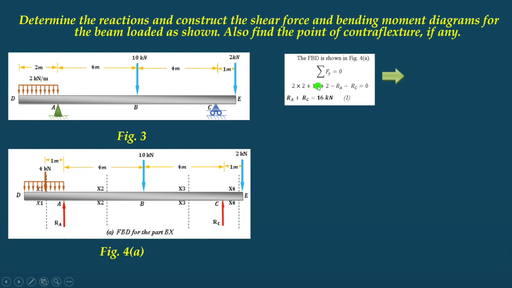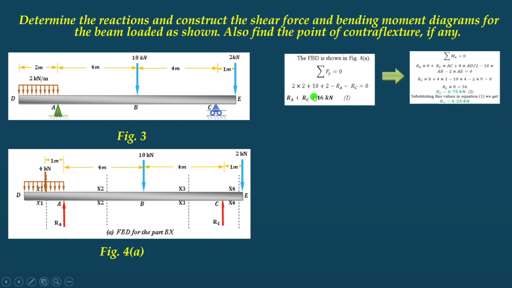This 10 concentrated load. This 2, all these downwards, so positive. Let's consider downward positive, and upward Ra and Rc. Now see, here 2 unknowns are there, and we are getting the equation Ra plus Rc equals 16. But only with the help of this equation, we can't get the values of Ra and Rc. So we need another equation to solve for Ra and Rc.